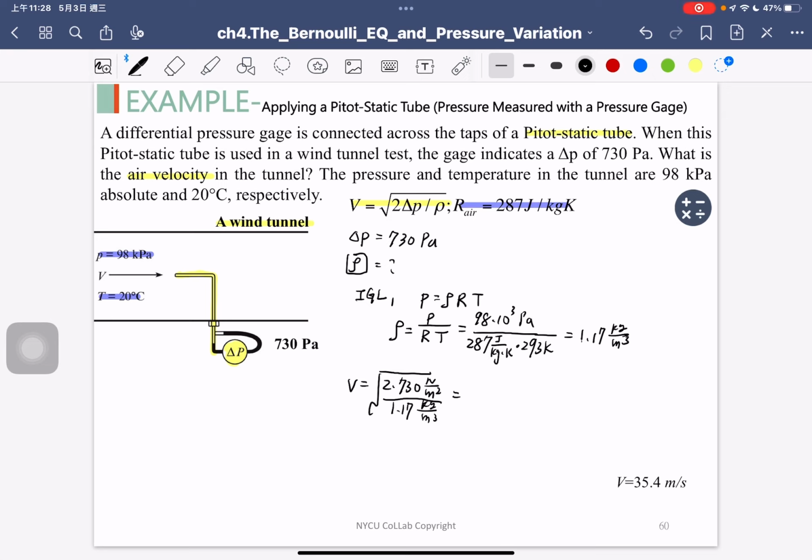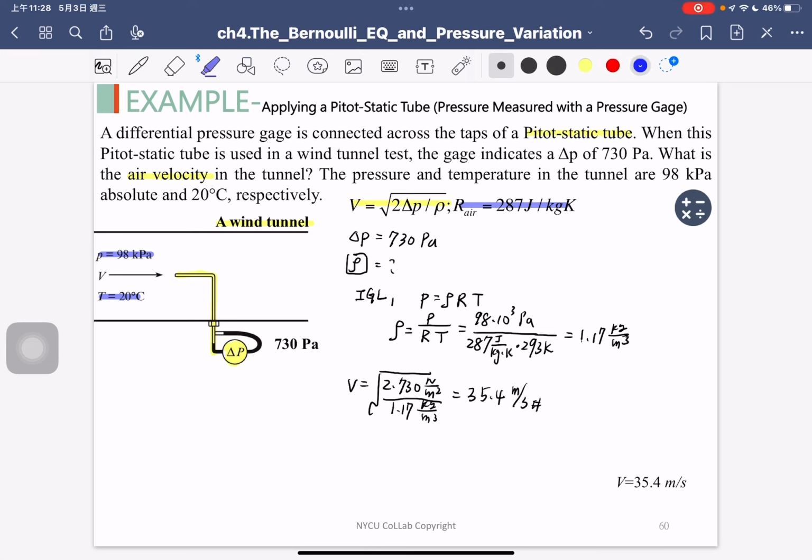Okay, so you can check the answer: 2 times 730 divided by 1.17, and take the root. It's around 35.4 meters per second.